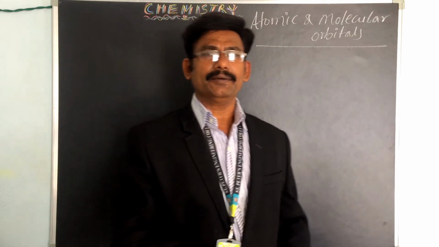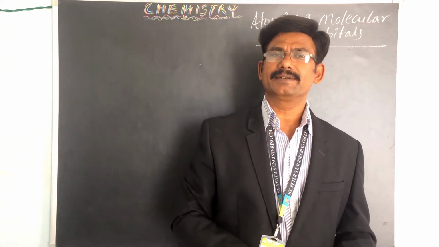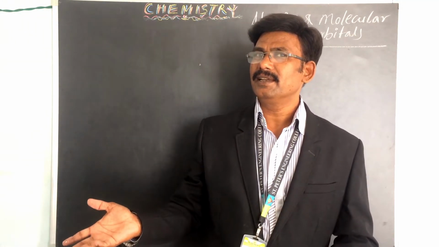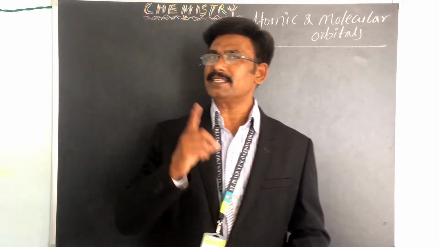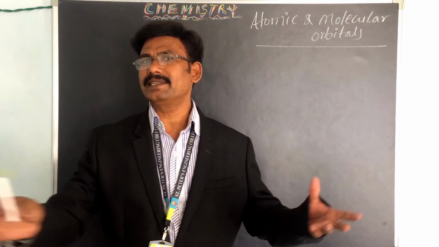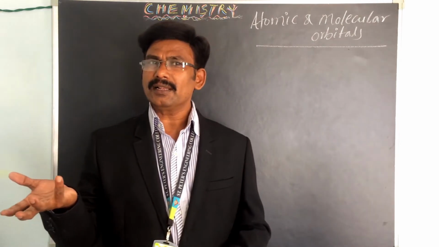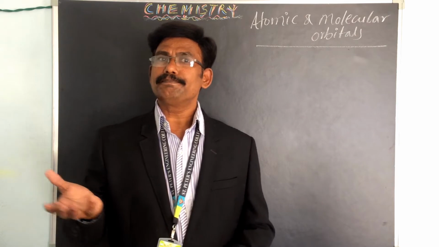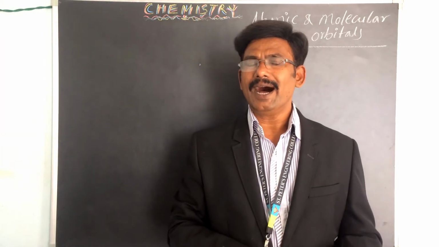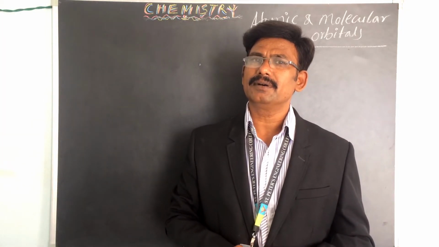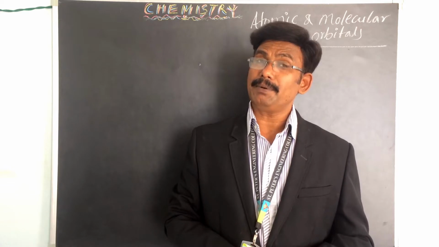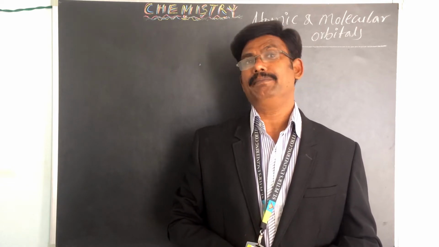In the last video, what topics did we discuss? I explained just the introduction, the basic science, basic chemistry: atom, molecule, principal quantum number, azimuthal quantum number, sigma bonds and pi bonds.